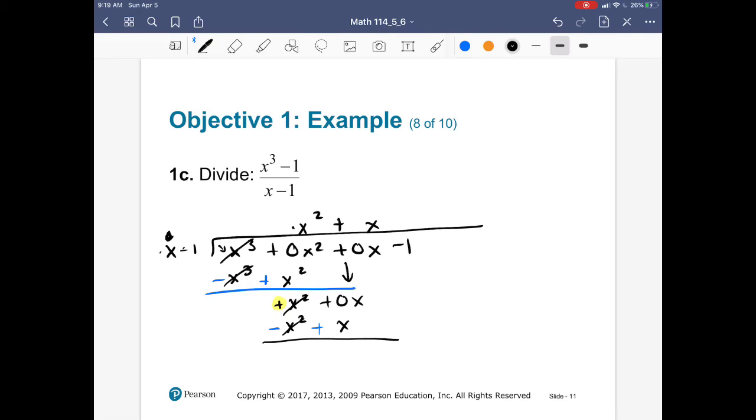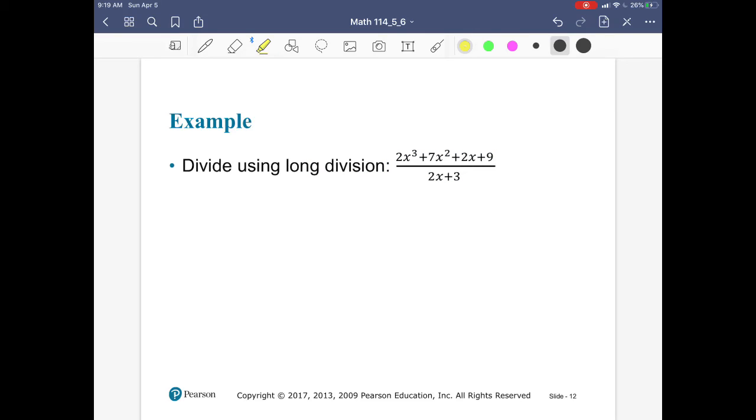This cancels out, so I have x minus 1. Determine the sign, so this is a positive right there. That means this is a positive, and I just need a 1 because x is x already. So this becomes x minus 1, change of signs. So my answer for this one is this right there. So this, I believe, is my last problem for this section.